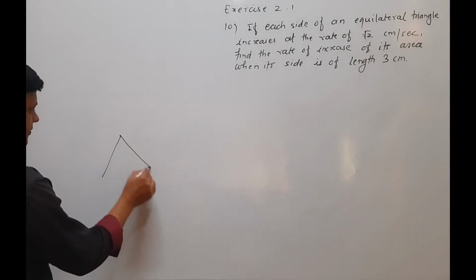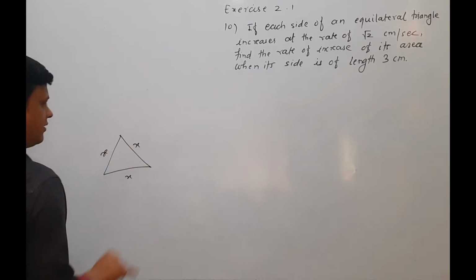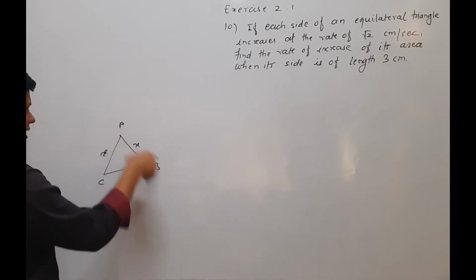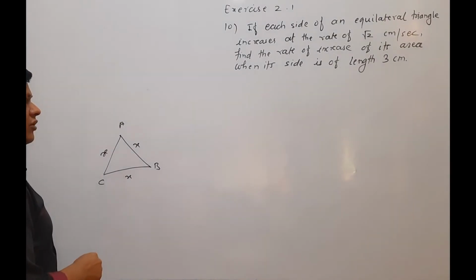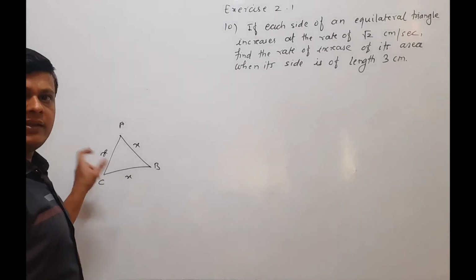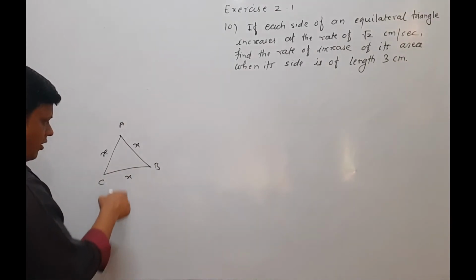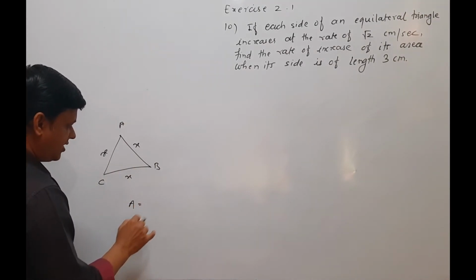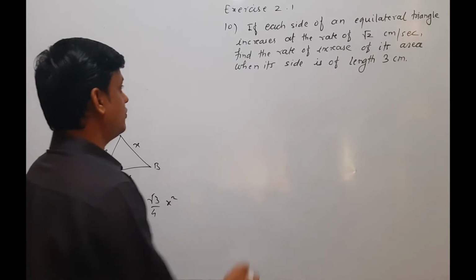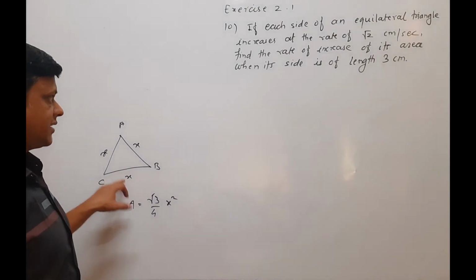Consider an equilateral triangle ABC, where AB, BC, AC are the sides of this triangle, and each side is of length x. So we know that if the side is of length x, the area of the triangle is equals to root 3 by 4 side square. So first we consider an equilateral triangle with side of length x.